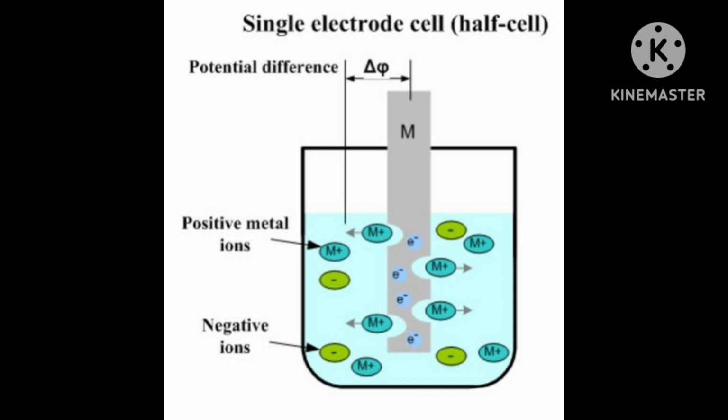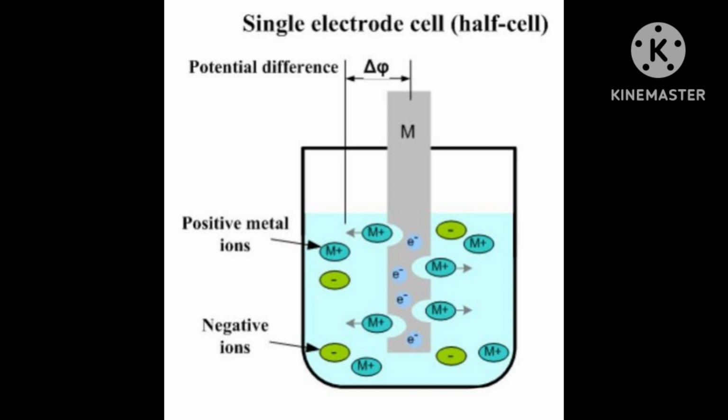Last class, I have discussed how to represent a cell. Suppose, as for example, you have two metallic strips. Then first you have to write the anode.